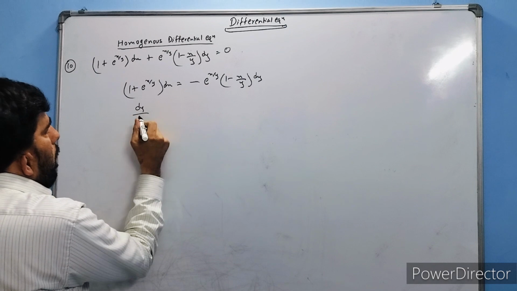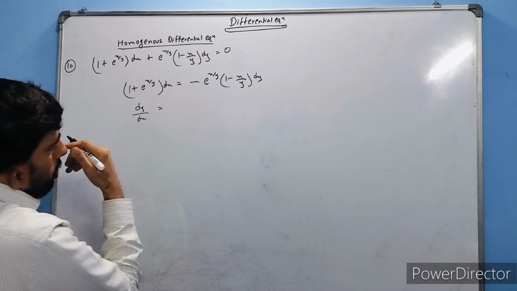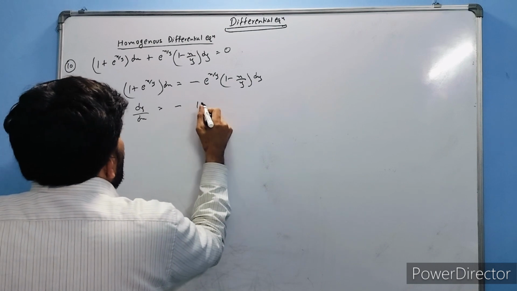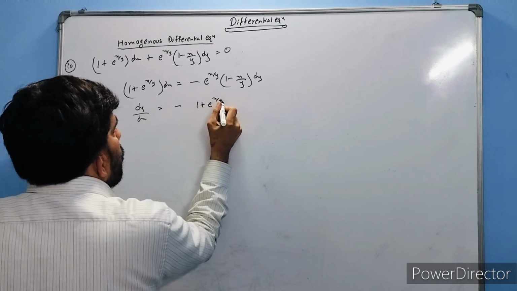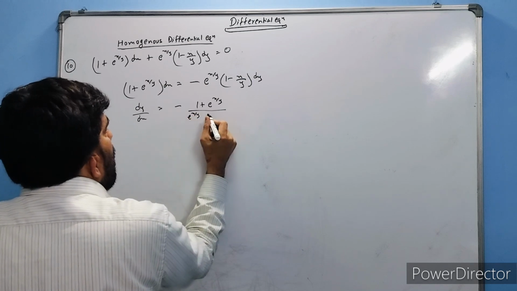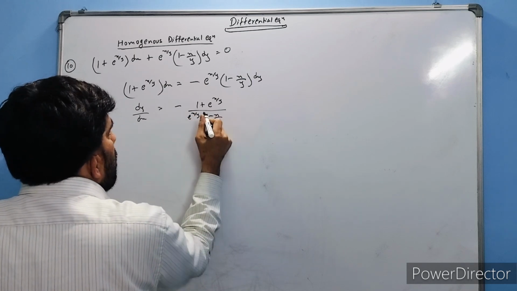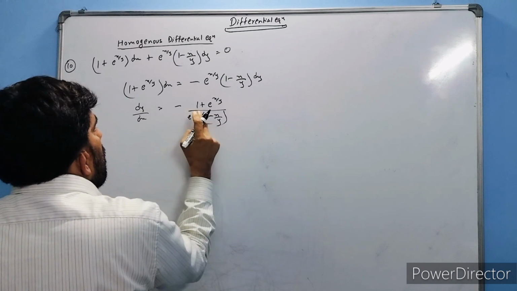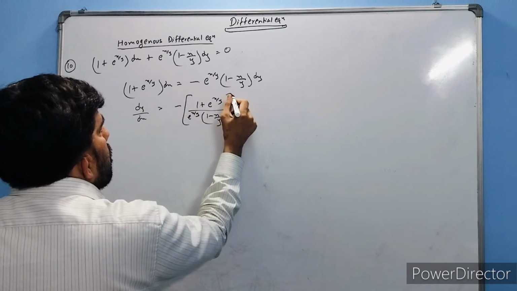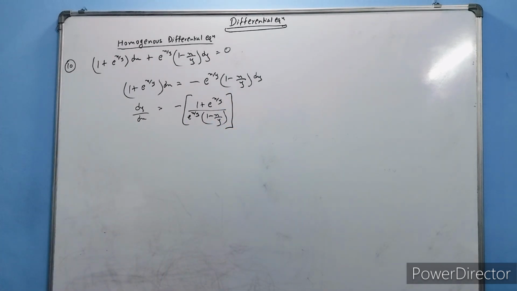So dy upon dx will be minus of (1 plus e raised power x upon y) upon e raised power x upon y (1 minus x upon y). So that is the question I have.